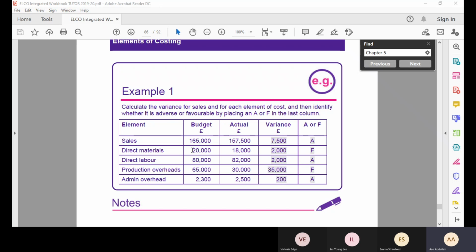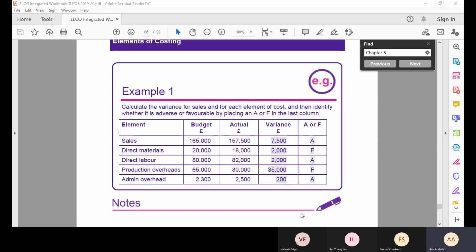For example, for direct material, you had planned £20,000, so you allocated £20,000 for material. But in reality, it only cost you £18,000. So the difference between these two figures is 2,000 pounds.